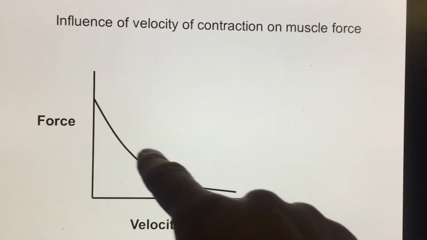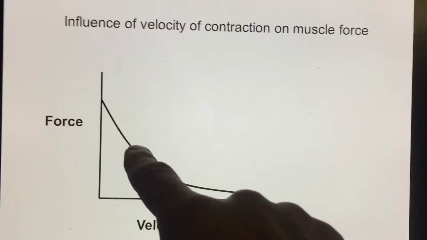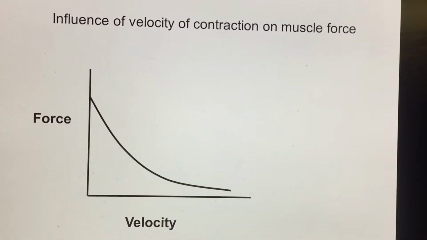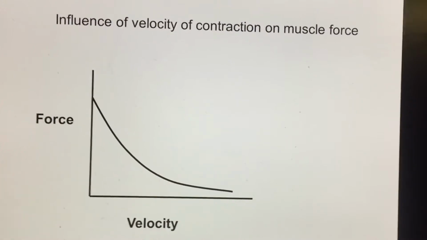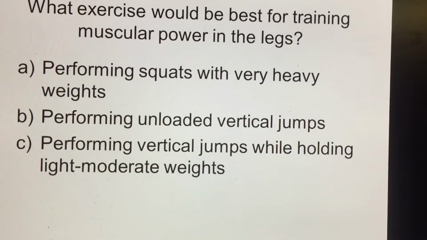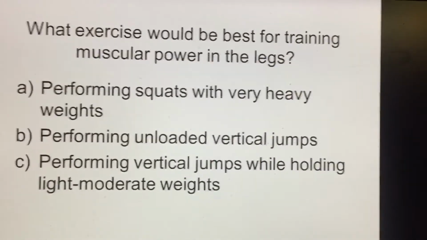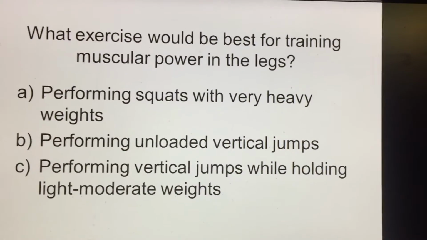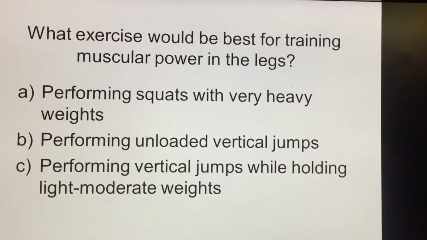And so this part of the force velocity curve is where you would have the optimal power output. It's where your force multiplied by velocity would give you the greatest power. So the best answer, I think, to this question would be C, performing vertical jumps while holding light to moderate weights.